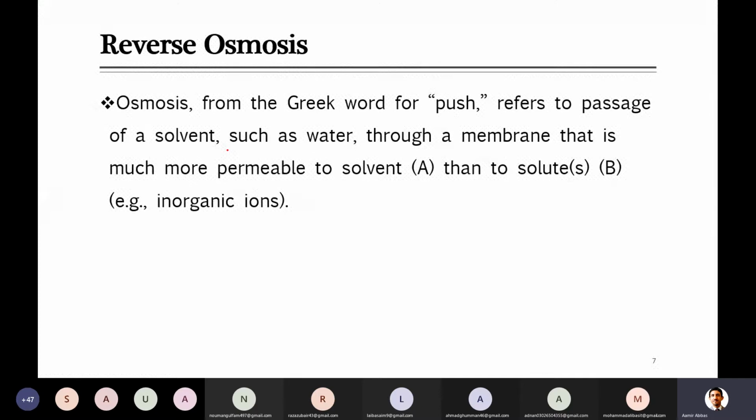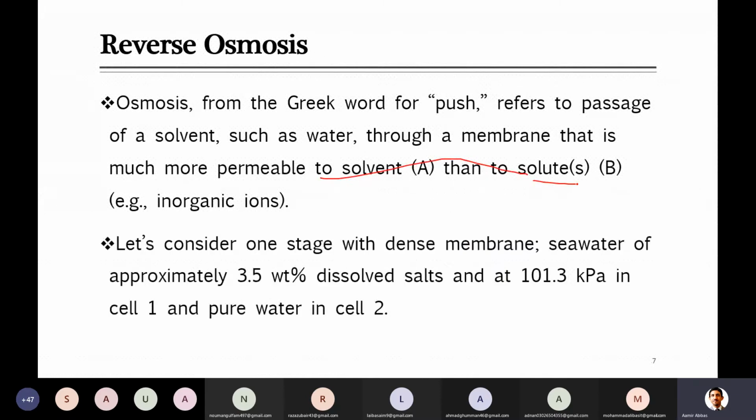In osmosis we always place a membrane, and as has been repeated many times, it is semi-permeable, so it allows the solvent to pass through, but the solute is refused passage. In the next slide, I will show you.